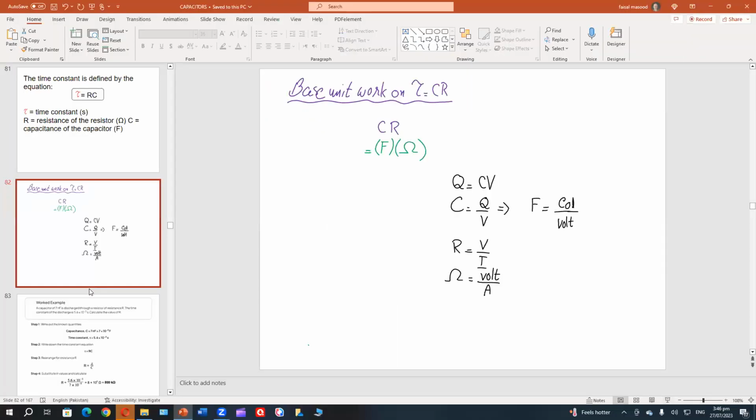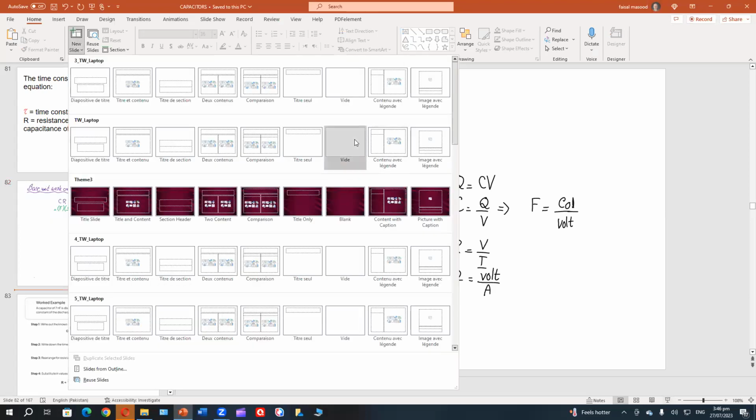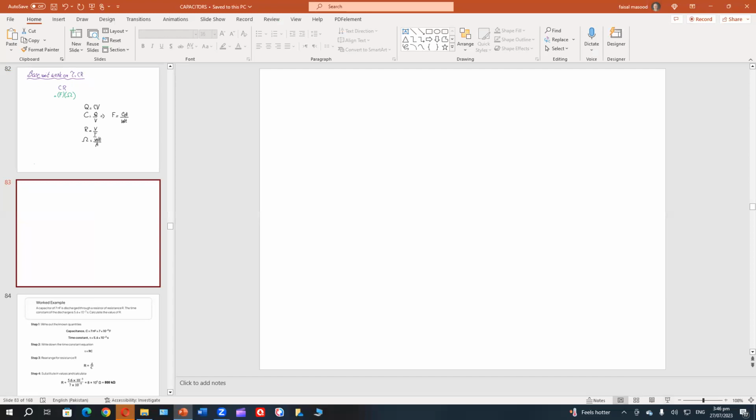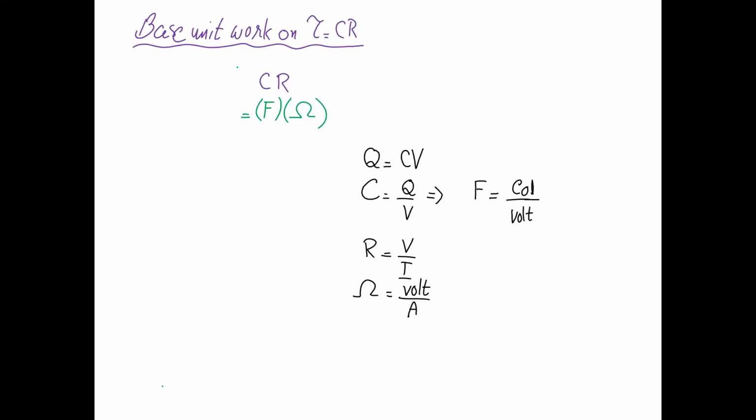Now, if I continue this calculation, this workout, I stopped at farad into ohm. So what can I put in place of farad? Coulomb per volt.